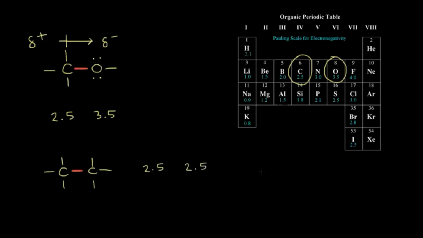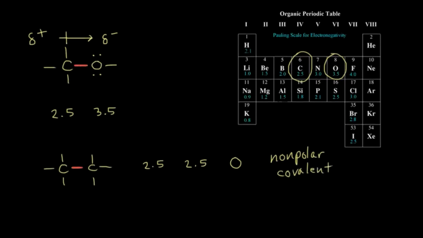That's a difference in electronegativity of 0, which means that the electrons in red aren't going to move towards one carbon or towards the other carbon. They're going to stay in the middle. They're going to be shared between those two atoms. So this is a covalent bond, and there's no polarity situation created here since there's no difference in electronegativity. So we call this a nonpolar covalent bond.